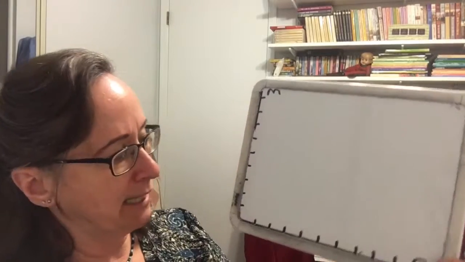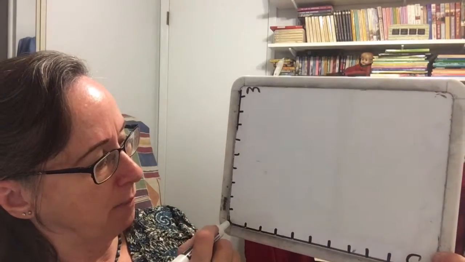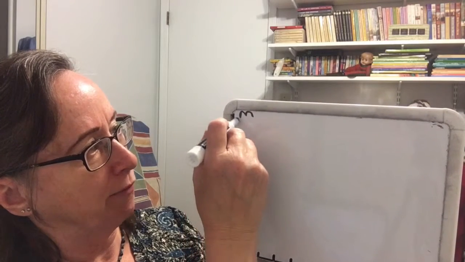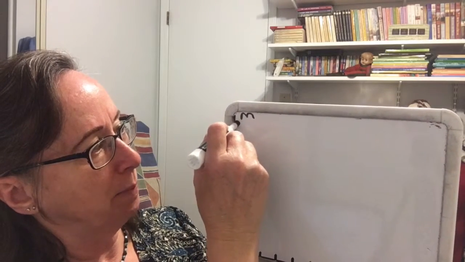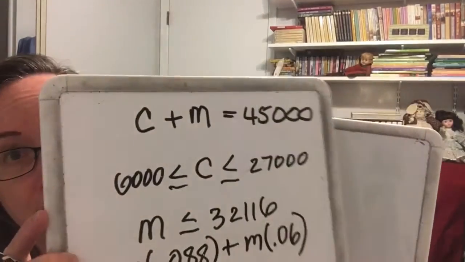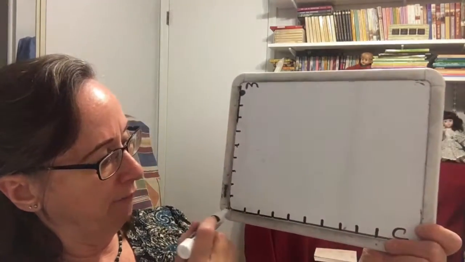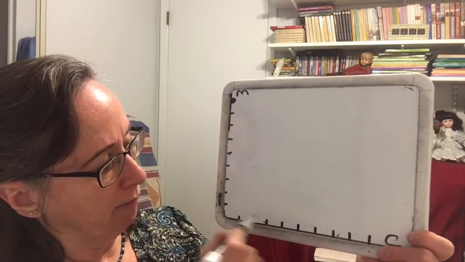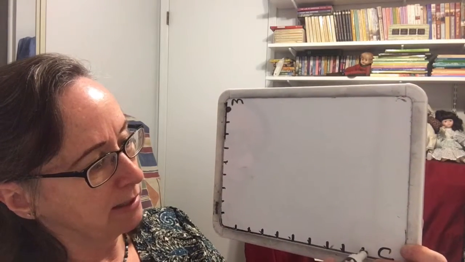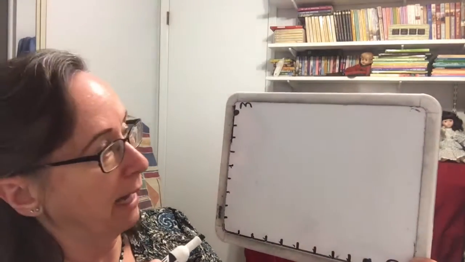So if C is equal to 0, then M is 5, 10, 15, 20, 25, 30, 35, 40, 45. So that would be a point. If M is 0, then C would be 45,000. So if M is 0, C is 5, 10, 15, 20, 25, 30, 35, 40, 45. So I'd get this point, okay?